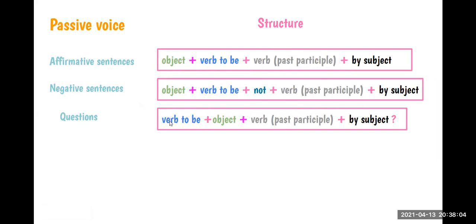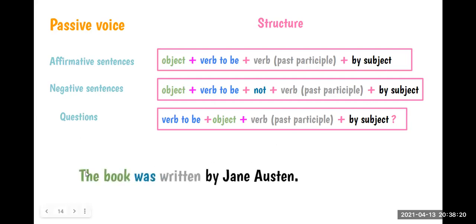And then we have the verb to be for the questions, verb to be, object, and the past participle. And remember that we can write the person who performs the action with by and the agent, okay? For example, the book was written by Jane Austen. As you can see, we use the past participle in this sentence.